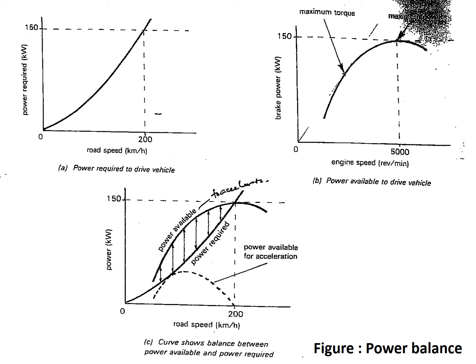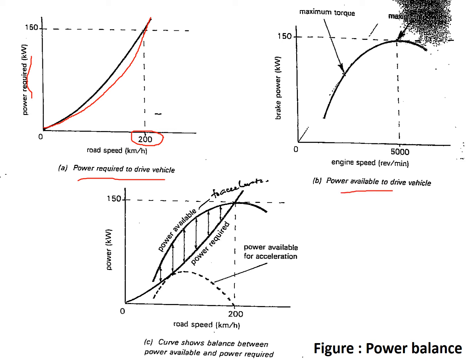You can see the power required to drive the vehicle will be a curve going up like this. For example, at a road speed of 200 km per hour, you need about 100 kilowatts of engine power.